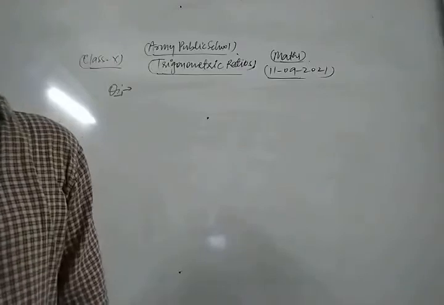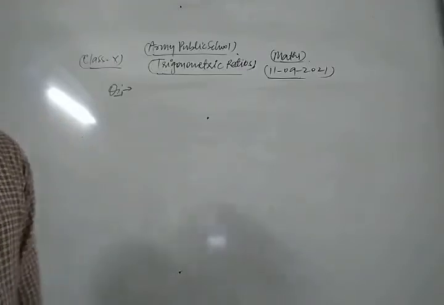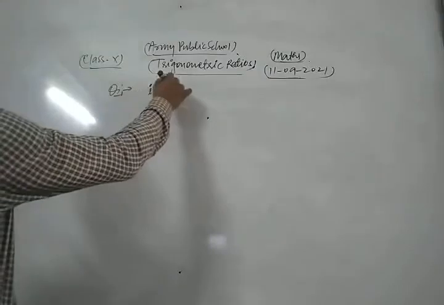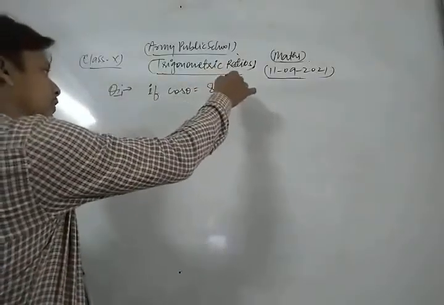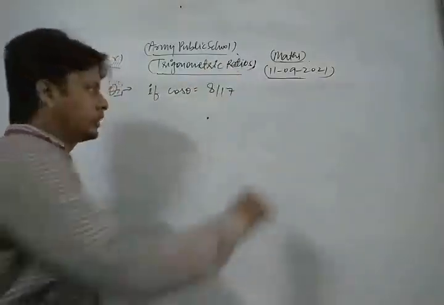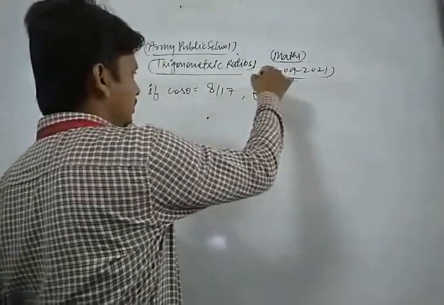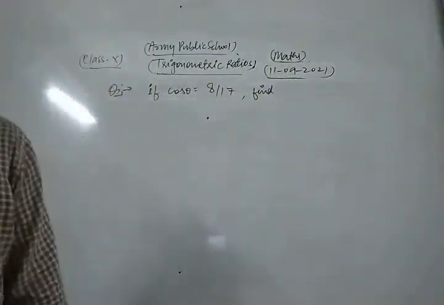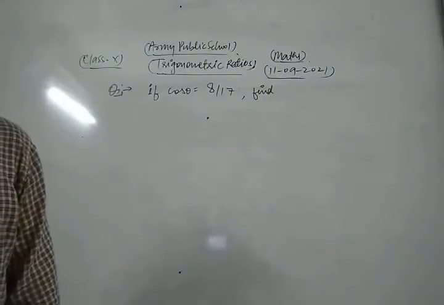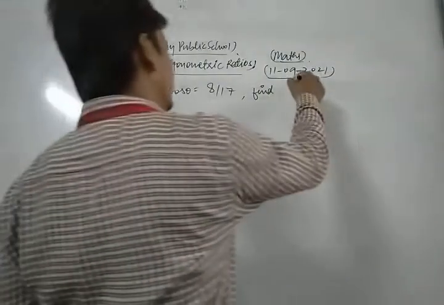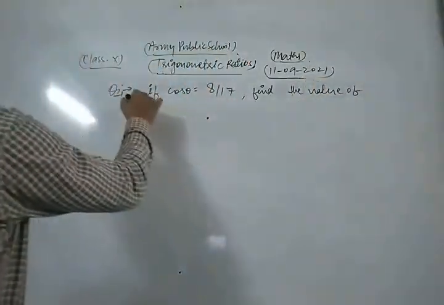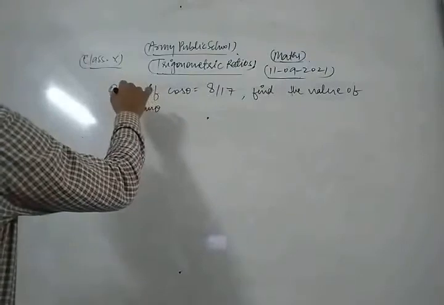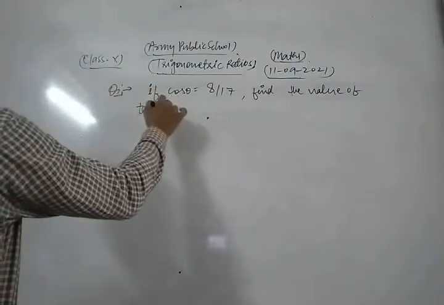If cos theta is equal to 8 upon 17, okay, 8 upon 17, find the value of tan theta.